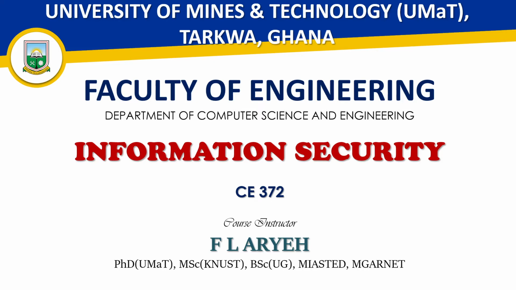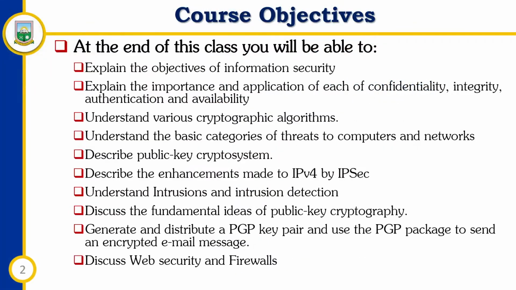Now, the overall objective for the course is what is stated in the outline here. At the end of this course, students will be able to explain the objectives of information security, what it is, what goes into it.